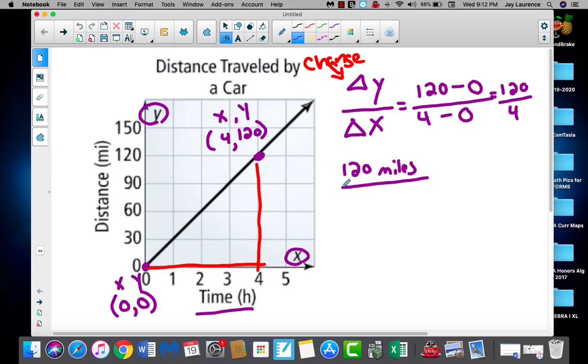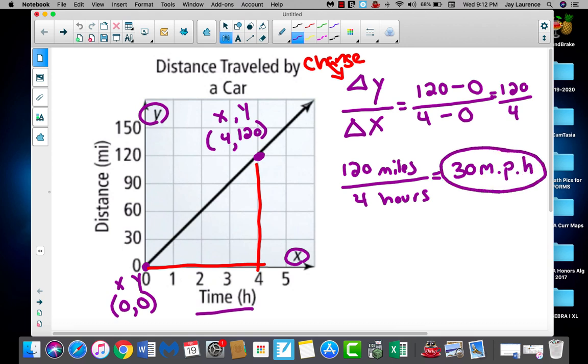And that's over 4 what? 4 hours. How do I know that? Because the x coordinate is in hours. My answer is going to be in miles per hour. Did you see that? Miles per hour. 120 divided by 4 is 30. This car is traveling at 30 miles per hour.